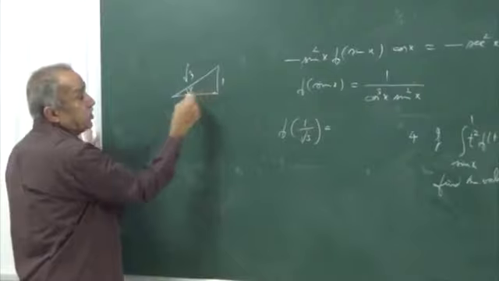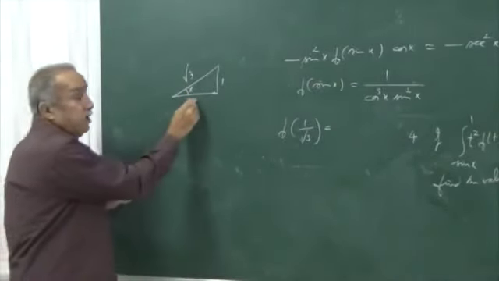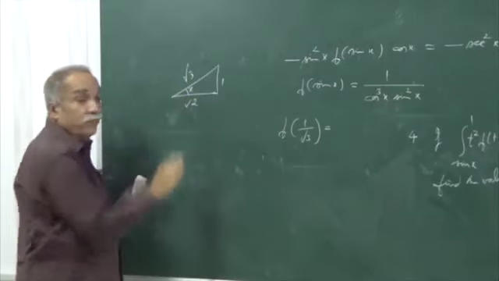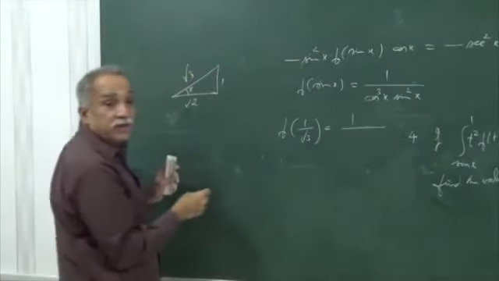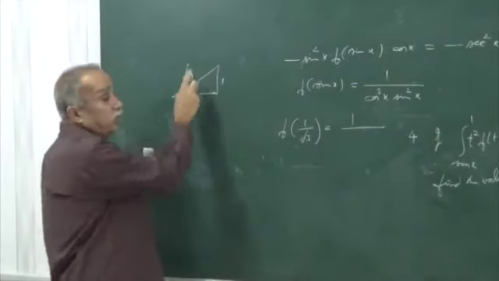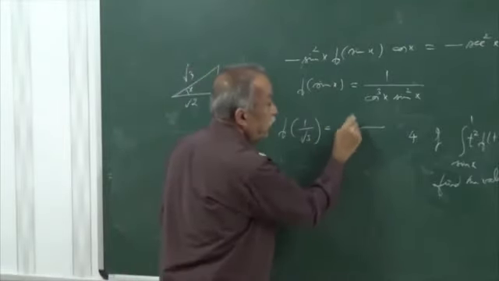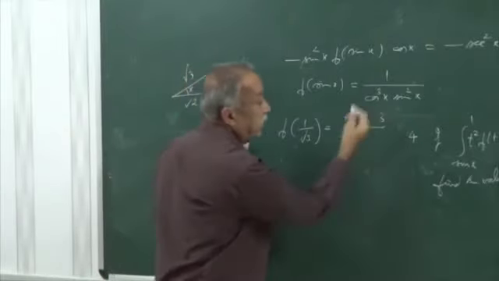For this x, sin is opposite by hypotenuse, 1 by root 3. What will be the adjacent side? Root 2. Therefore, what will be cos x? Root 2 by root 3. What will be the cube? 2 root 2 by 3 root 3. What is sin square x? 1 by 3.